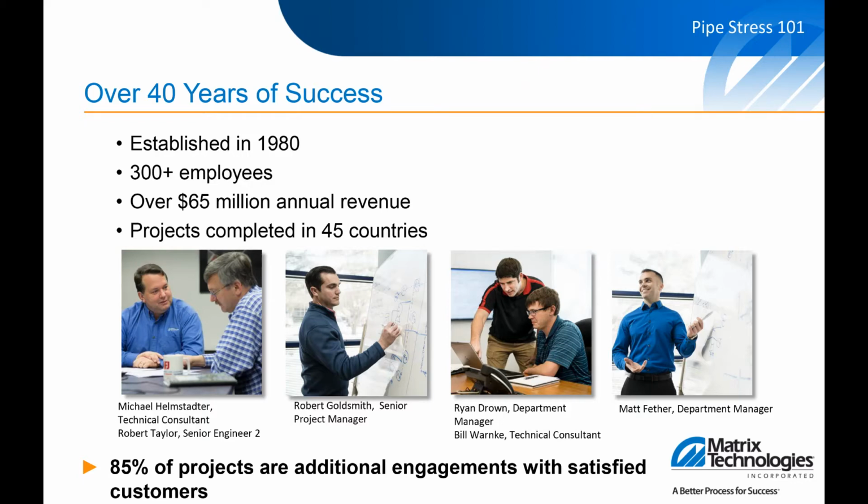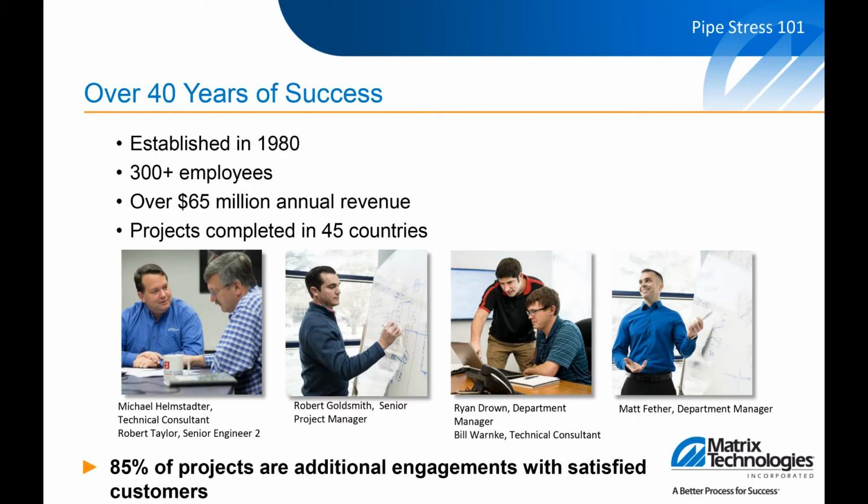So, as promised, a little bit about Matrix Technologies, who we are. 40 years, we're celebrating our 40th anniversary this year. So it's a big accomplishment for us. 300 employees, 65 million in annual revenue, and projects completed pretty much all over the world. Now we do focus domestically here in the United States, but some of our clients have taken us abroad into continuing projects, and we followed them outside of the USA.